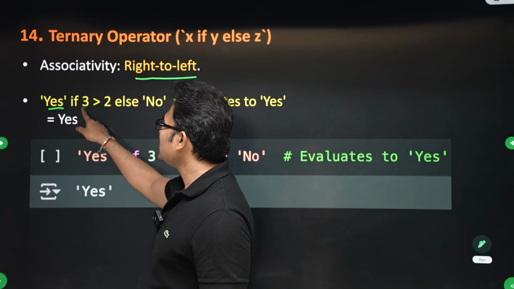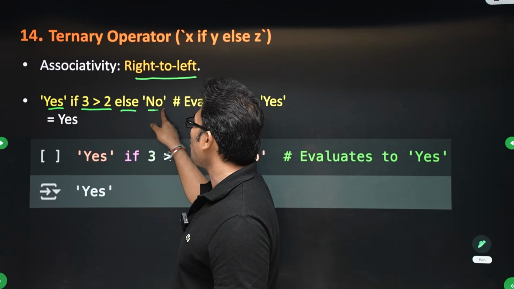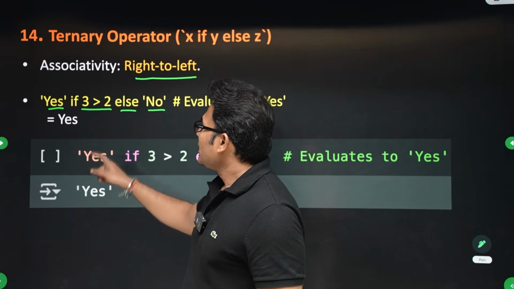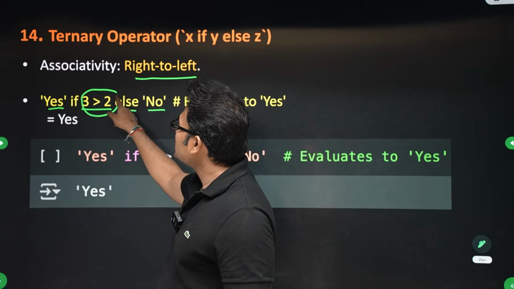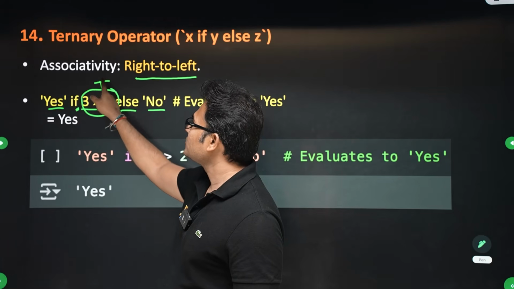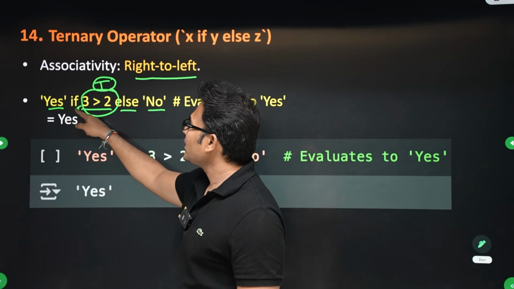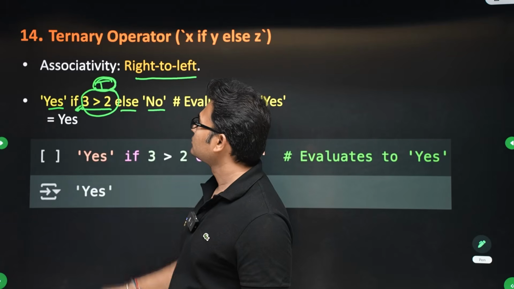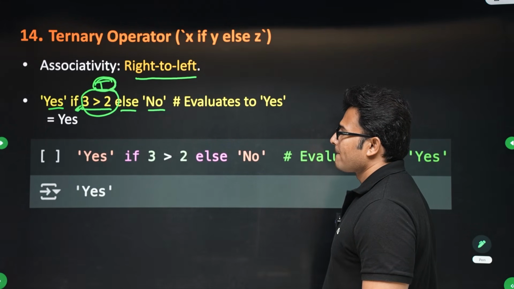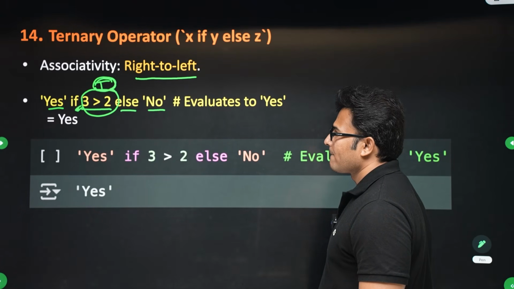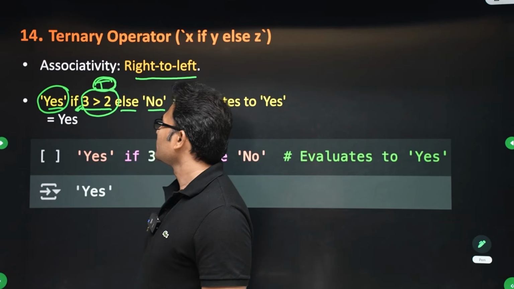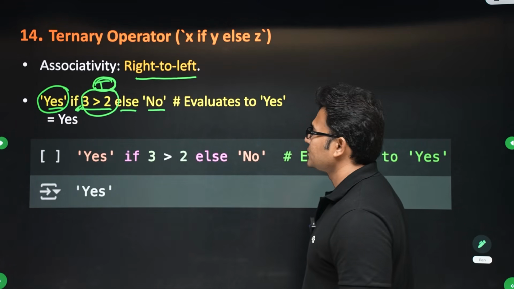Yes, if 3 is greater than 2, else no. If this is the ternary operator, what is the value of this? 3 is greater than 2 is true, which means this if condition has become true. Therefore, the output will be yes.